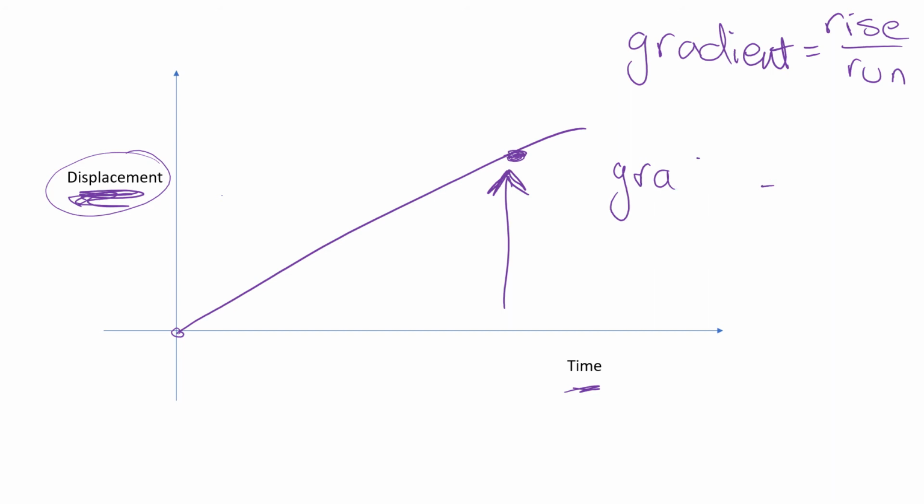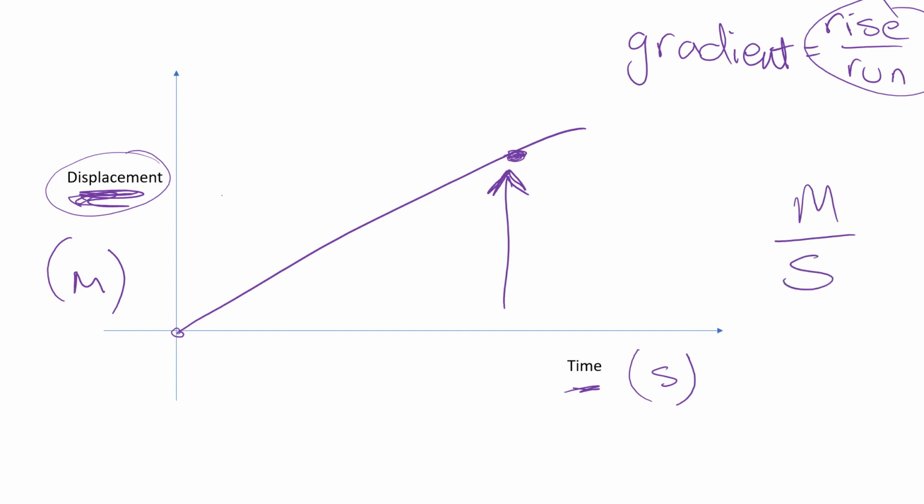If we want to work out the units of the gradient, for example, if we use seconds for time and meters for displacement, then meters divided by seconds gives us meters per second. And these are the units of velocity, change in distance over time.